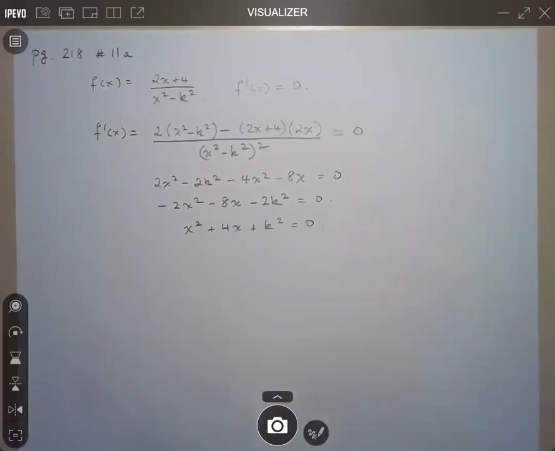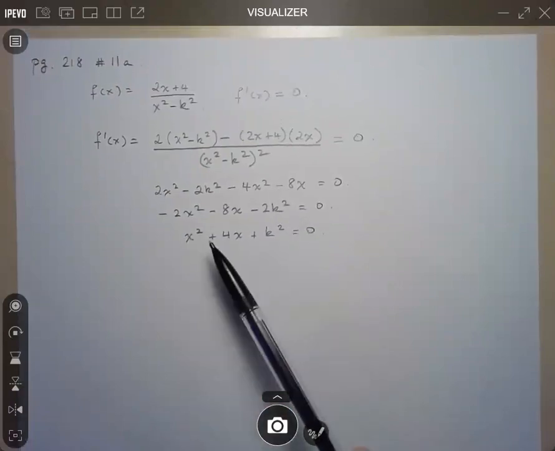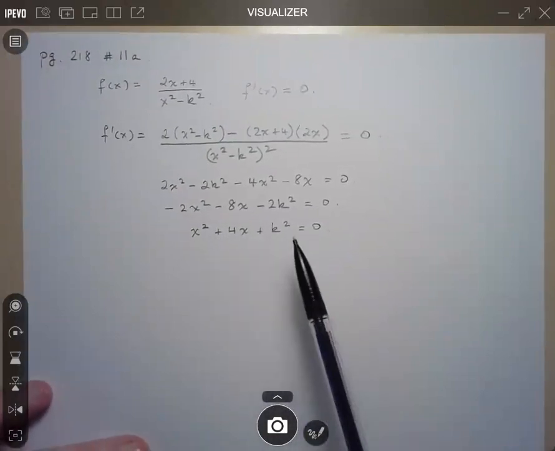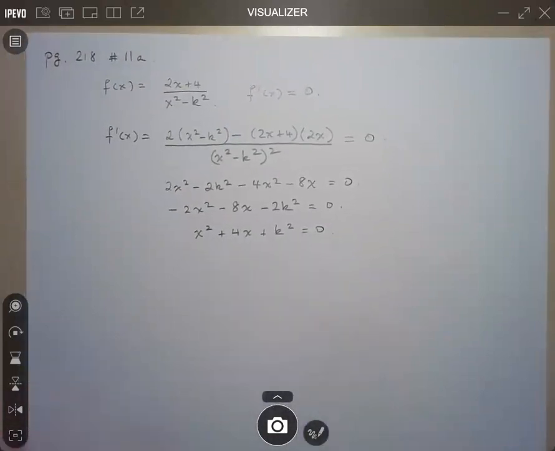So this is where now we have to figure out, we've kind of gone as far as we can in terms of the algebra. This is where we have to ask ourselves: this function, think of it as a quadratic function, needs to be equal to 0.